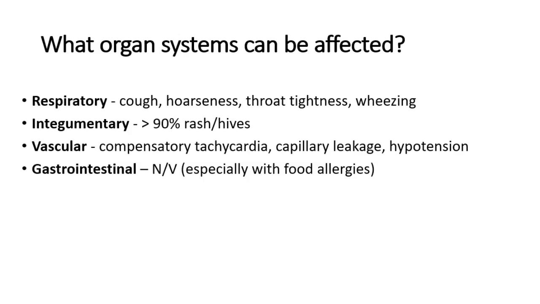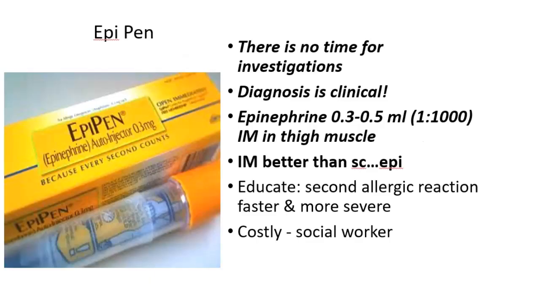High flow oxygen, including albuterol, IV Benadryl, methylprednisolone. These can be administered, and early resuscitation with fluids. So continue on here. The role of epinephrine. Remember, epinephrine is a vasoconstrictor and also works to cause bronchodilation.